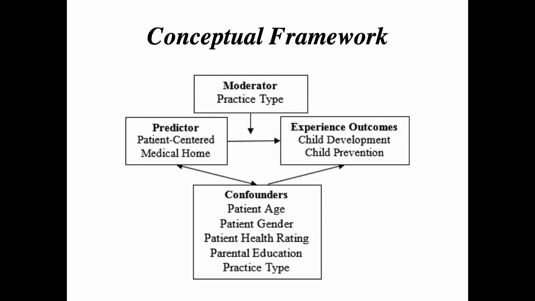Okay, so this is yet another example of a conceptual framework. You have your exposure variable being patient-centered medical home, and then the outcome being child development, child prevention, so whatever that means. But basically, you have an exposure and you have an outcome.